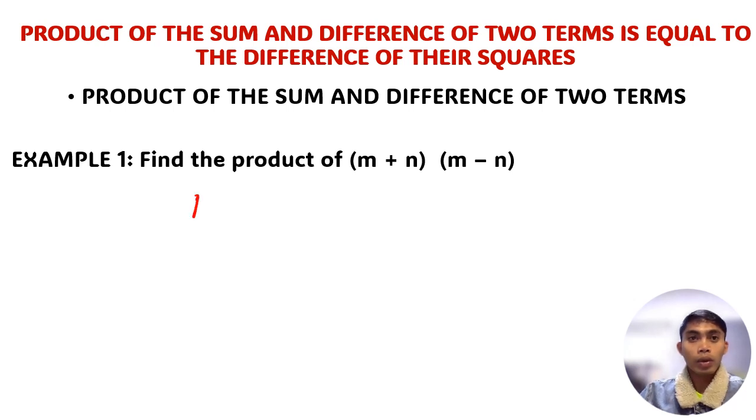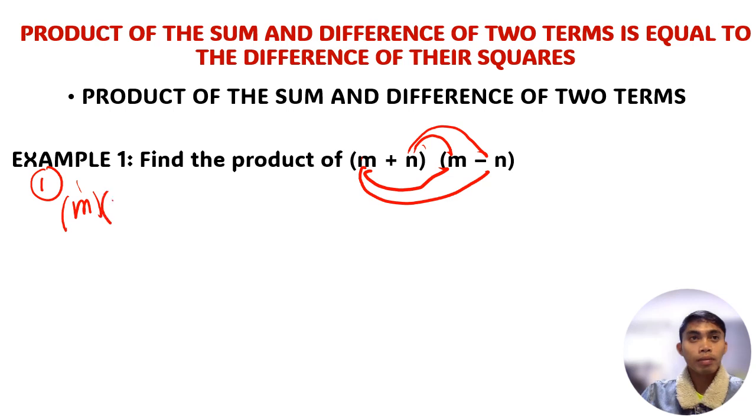We can simply multiply m times m, that is the first term, then m times negative n, that is the outer, then for the inner, n times m, then n times negative n. So first, we use the distributive property.